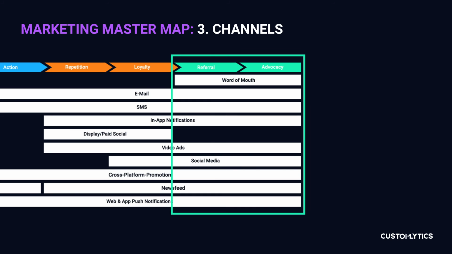So here it's again every channel that you now have available for direct communication to the user. Word of mouth is becoming very relevant again. All the in-app channels are very relevant here, and push notifications and everything you can do to create this sense of unity for the user to really identify with your product, and getting them to want to talk about it with their friends and family. That's what you want to do there.